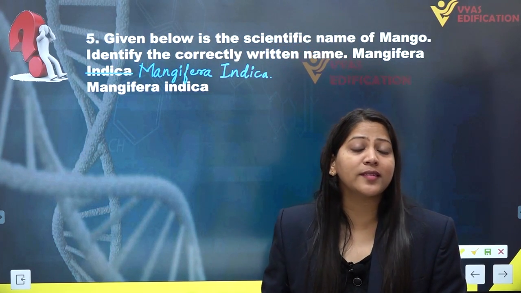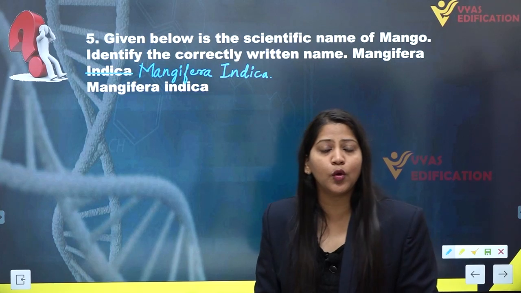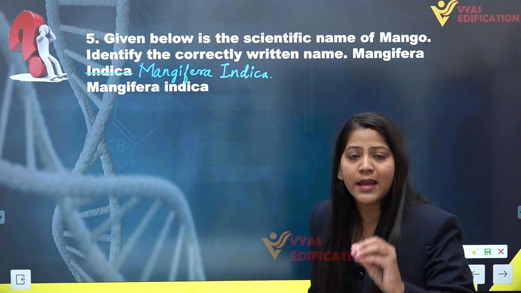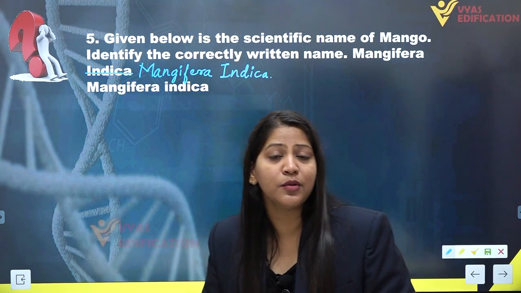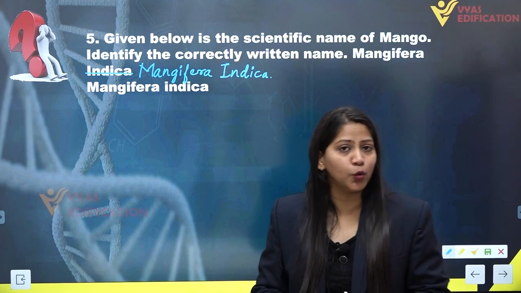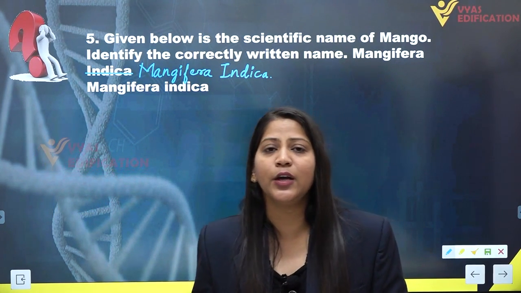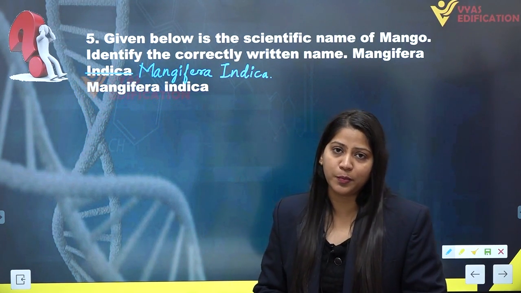We are talking about the scientific names, and according to the rule of nomenclature, any scientific name given to a living organism should consist of two words. The first word is genus, and the second word is the specific epithet or species.